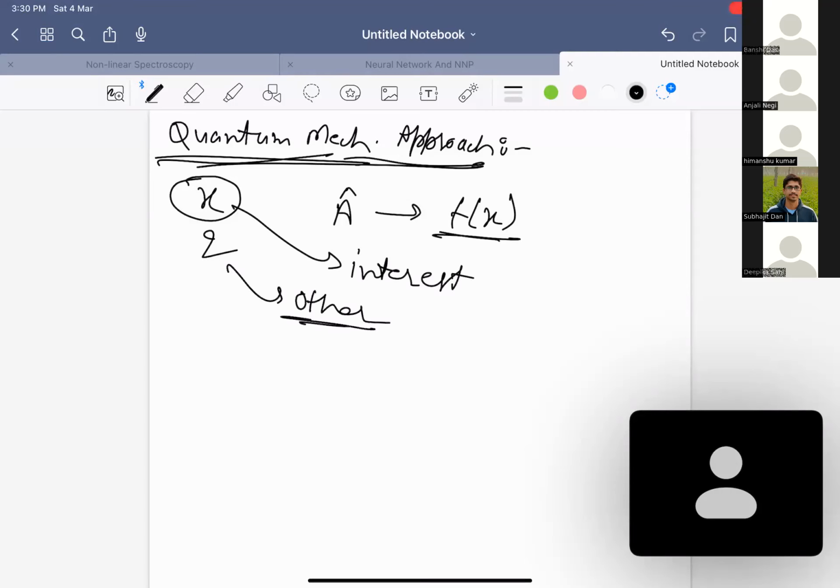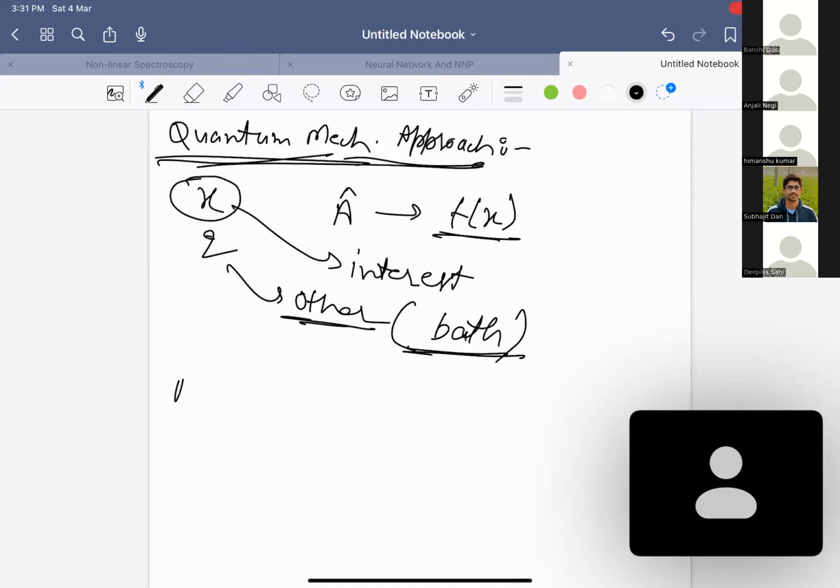Now I'm talking about the isolated system with a bath connected to it. So the x degrees of freedom are of our interest, and the q degrees of freedom, the other degrees of freedom, are basically bath degrees of freedom.